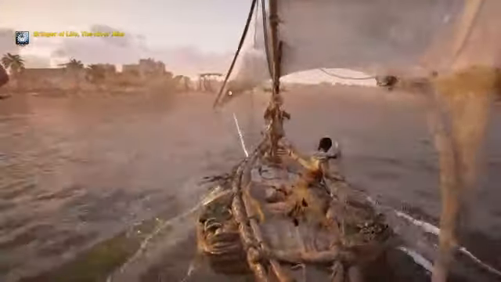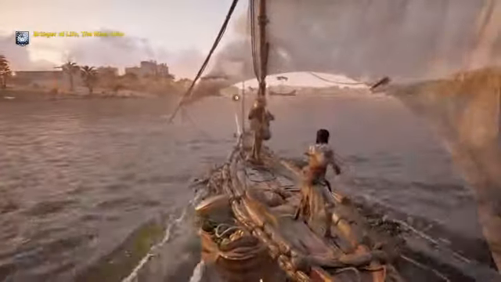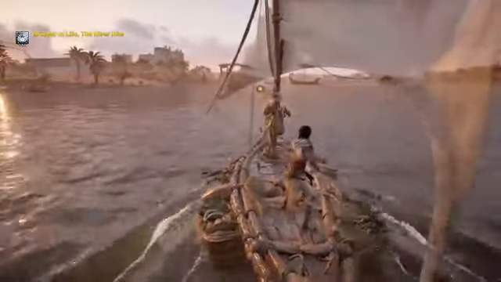And yeah, this will be the next area of this discovery tour and history in Egypt, pretty much.